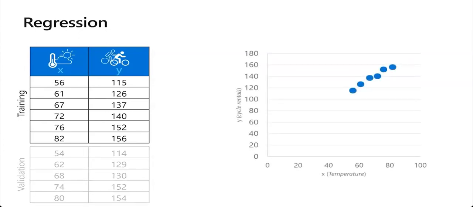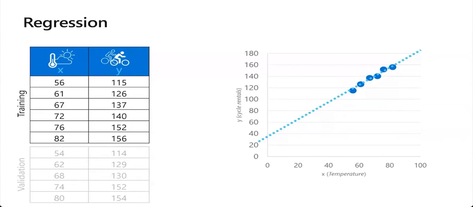I'm plotting the temperature on the horizontal axis and the bike rentals on the vertical axis. And here you can already see that there appears to be some kind of relationship. I could even plot a line through this, right? Because I'm trying to find some kind of function. Plotting a line to it, you can see the trend, and a couple of things are interesting.